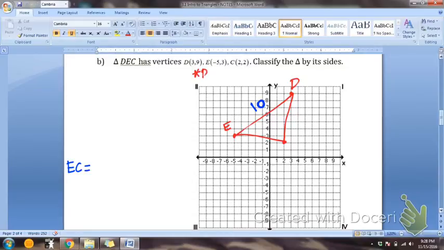We'll give ourselves blanks, and I'll go ahead and figure that for you. But please write down the distance formula 3 times at the top of your page. That's what we need to make a note of, so that if you have to do this in your homework, you remember that you need to do the distance formula 3 times.